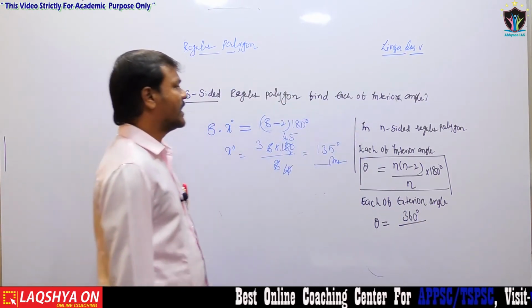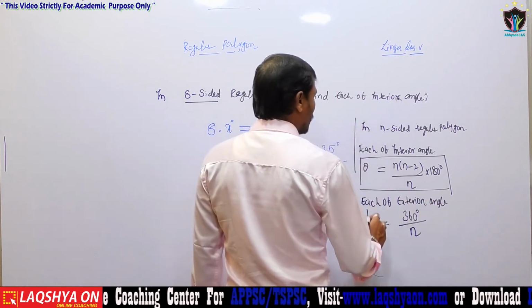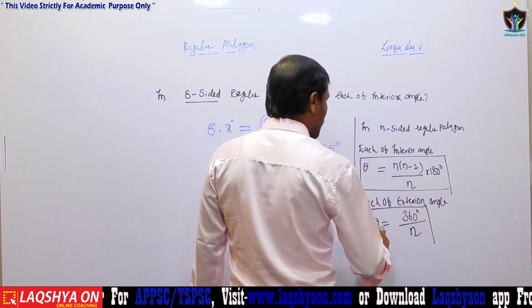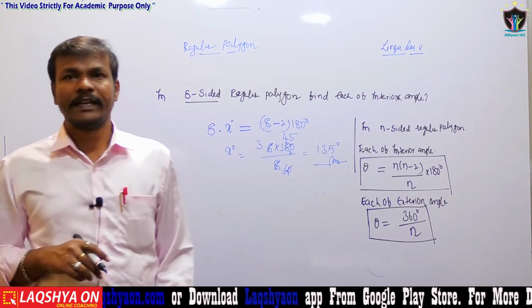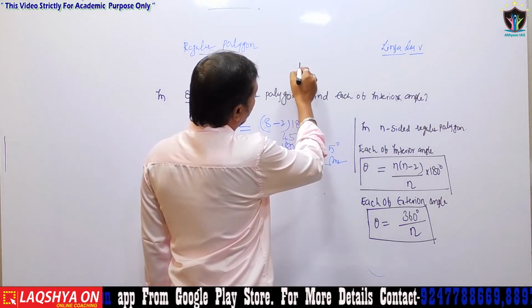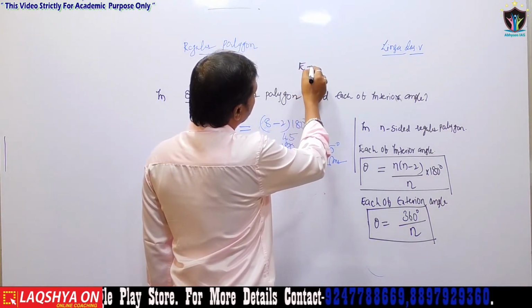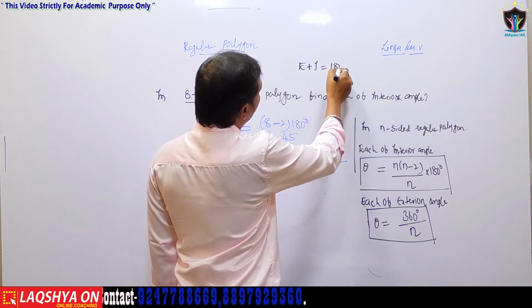Since an n-sided polygon has n exterior angles, each exterior angle is 360 by n.